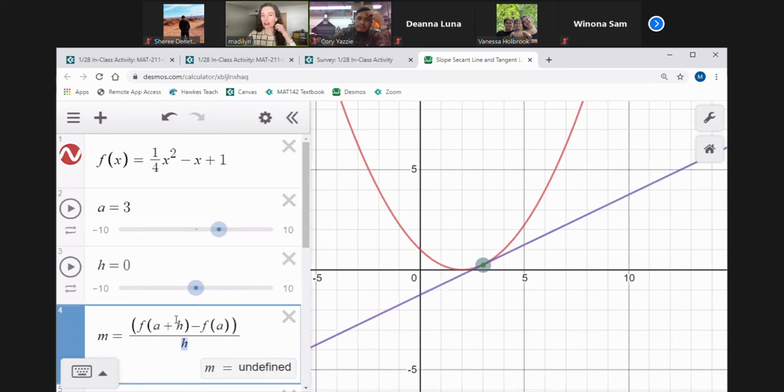So this difference is where our calculus comes in.